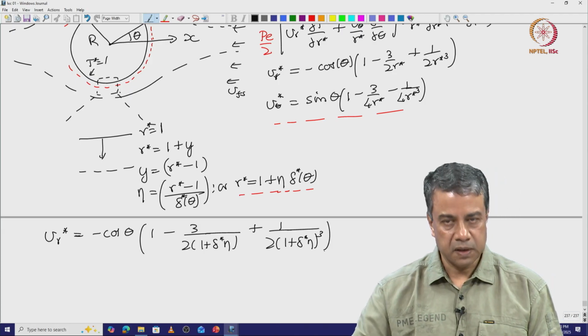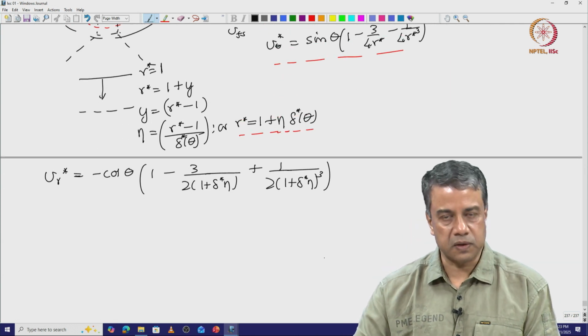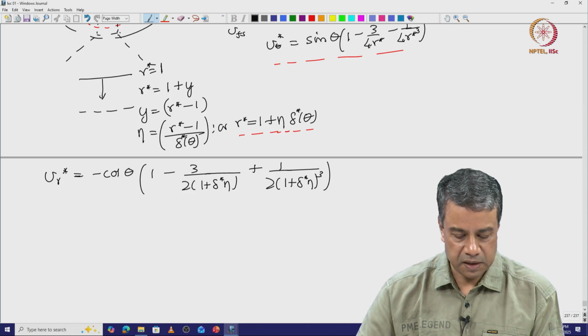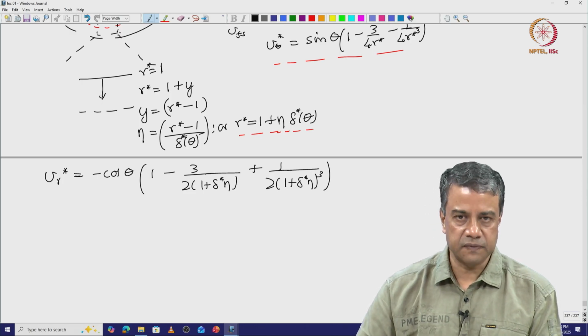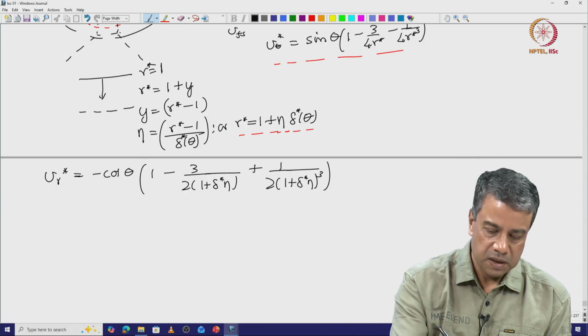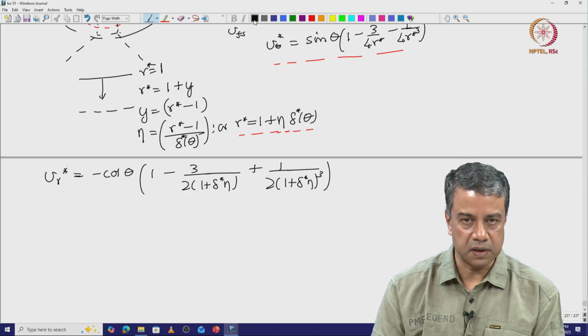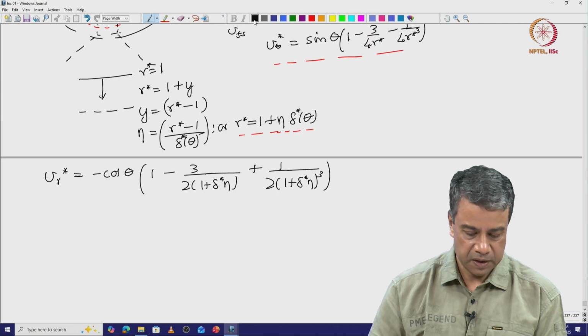This is the velocity component. We are considering the case where delta is small. You can easily see that if eta is 0, which is the surface of the sphere, this velocity component is identically 0, as is required from the no slip condition.